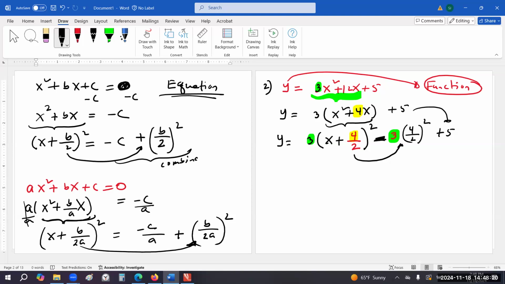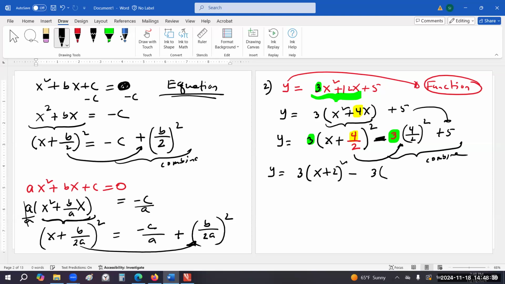So we have completed the square. All you have to do is simplify, so we are going to combine them. We have y equals 3. What is half of 4? 2. So it's simply 2 squared.